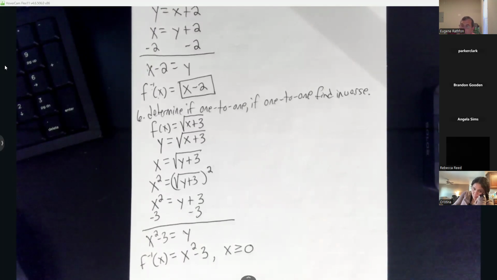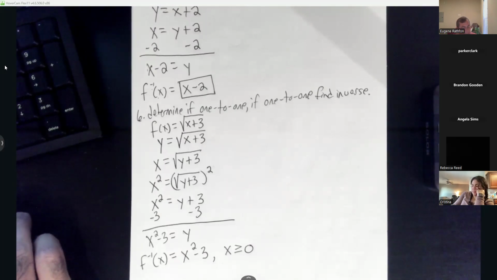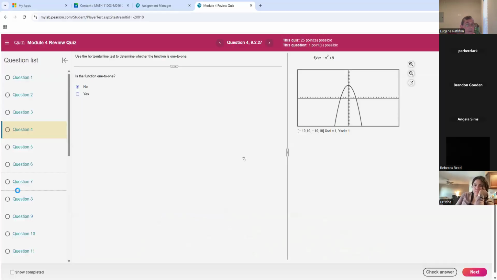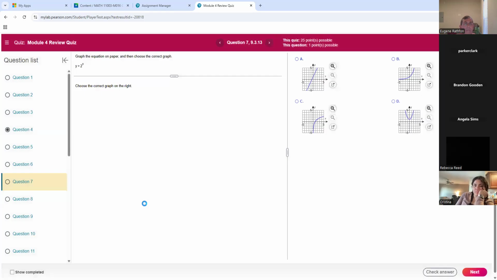All right, y'all. So number 7, we're going back to the math lab. So let me pull math lab up and go to number 7 here. So the question is, which one of these 4 graphs is the exponential graph for y equals 2 to the x?